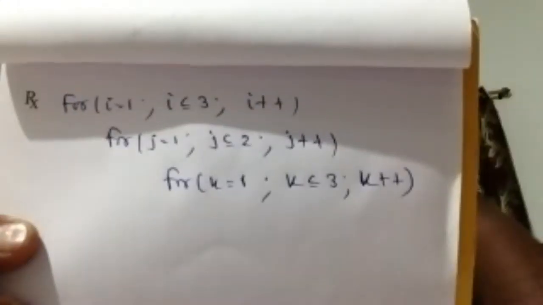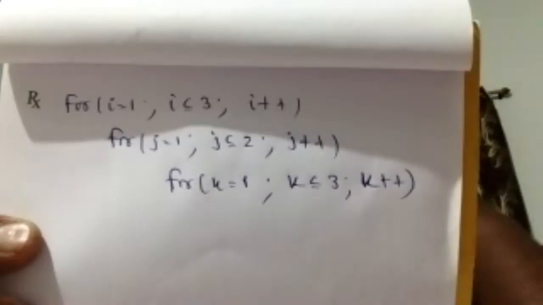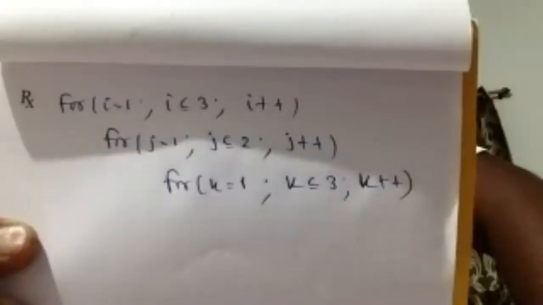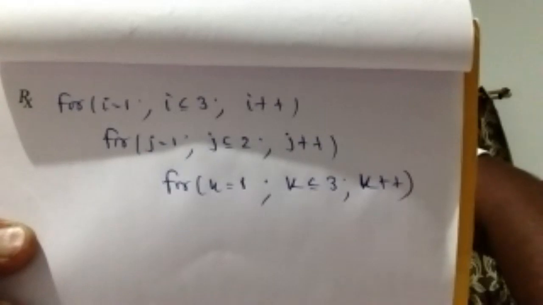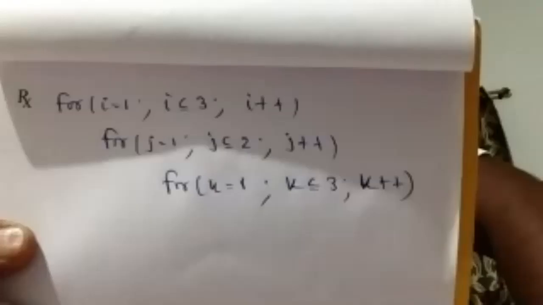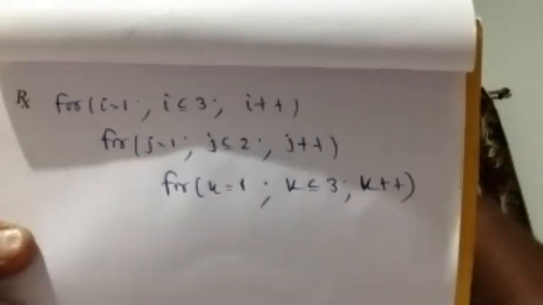I am using how many variables? 3: I, J, and K. So I will vary from 1 to 3, J will vary from 1 to 2, K will vary from 1 to 3. Be careful.